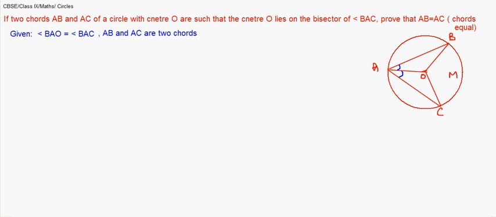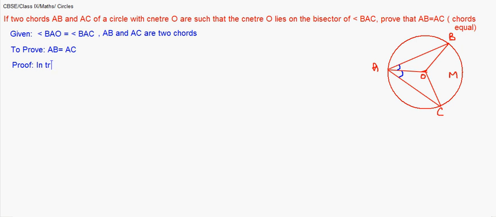Herein, what do we have to prove? We have to prove AB equals AC. They are asking us to prove the chords equal. We have already joined OB and OC. Here also, if we prove the congruency of these two triangles, AOB and AOC, we are done.